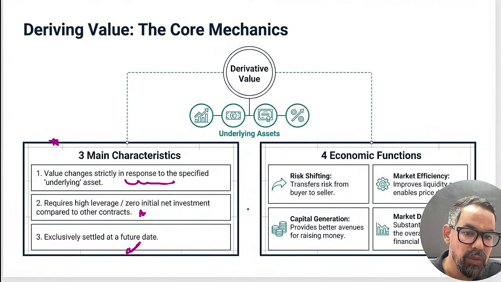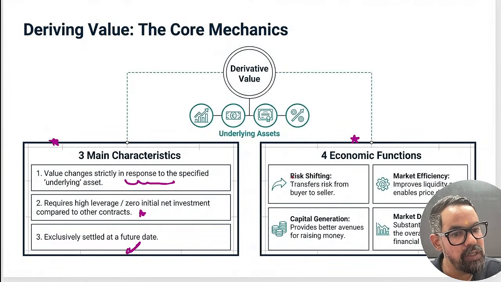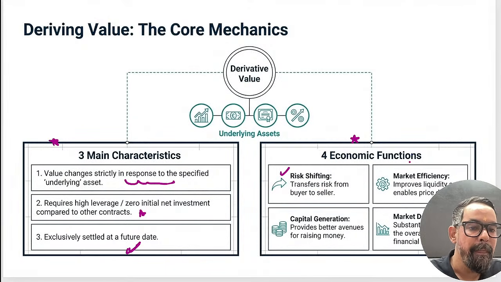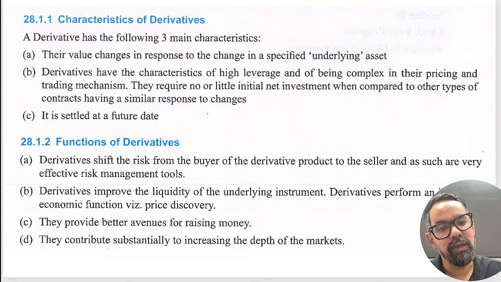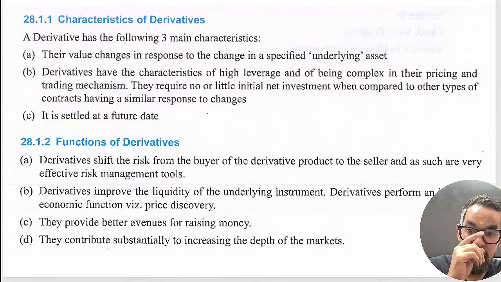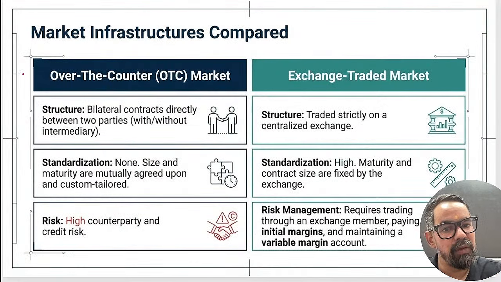When it comes to the economic function, it helps us with risk shifting, hedging, market efficiency, capital generation, and increases market depth also. In your question there was a forward rate; in some shifts it generally changes from shift to shift also.